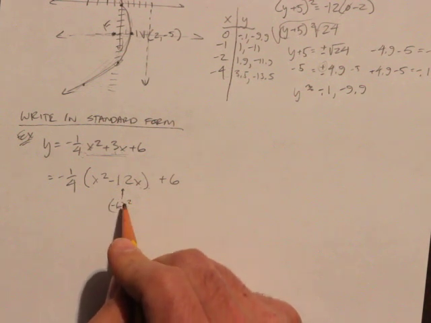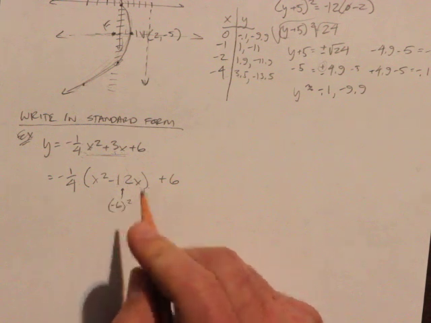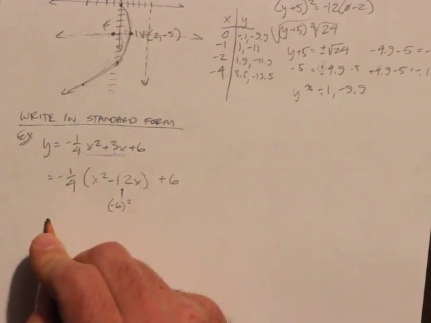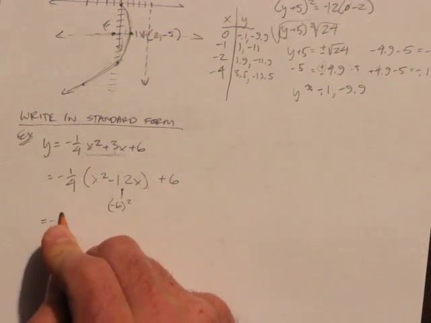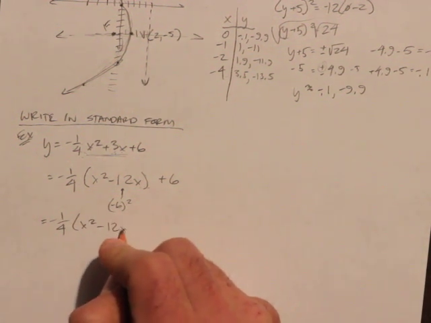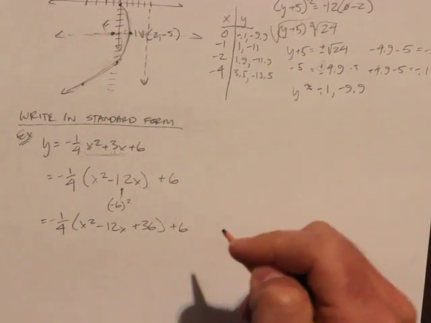Negative 6 squared is 36. And I want to add 36 here. All right, so let's figure this out: negative 1/4 times x squared minus 12x plus 36, plus 6.